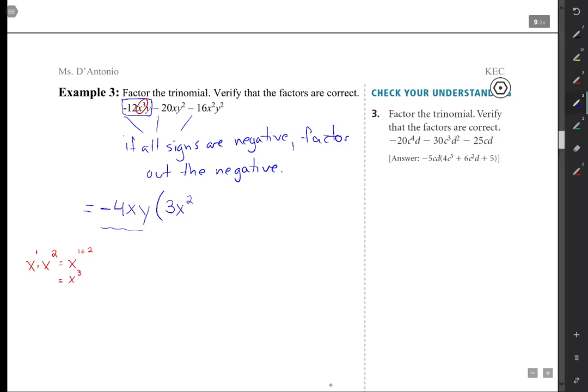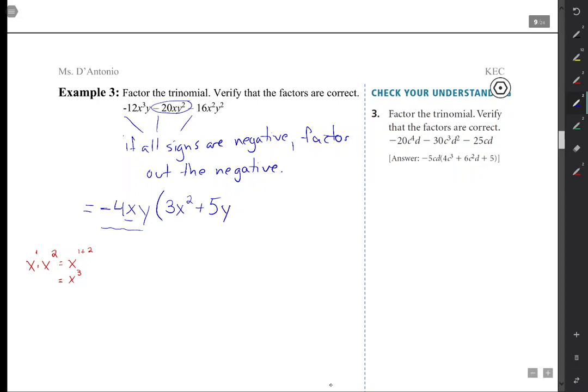Now, -4 times what would give us -20? Well, -4 times +5 would give us -20. Now let's move on to the x's. X times what would give us x? Well, nothing. We don't have to multiply x by anything to get x, so we leave that as it is. And y times what would give us y squared?